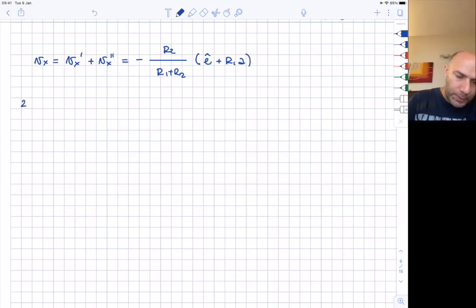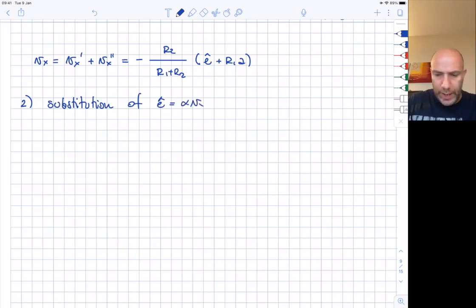The second step, so, is the substitution of E equals alpha Vx into the previous equation to get Vx.